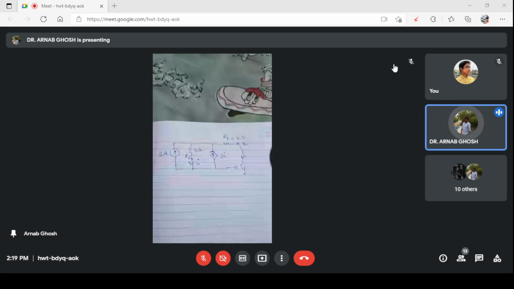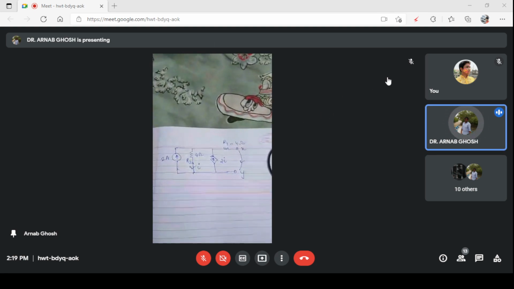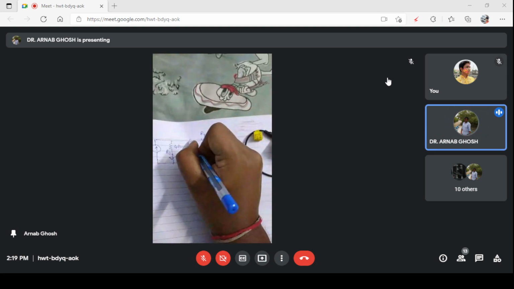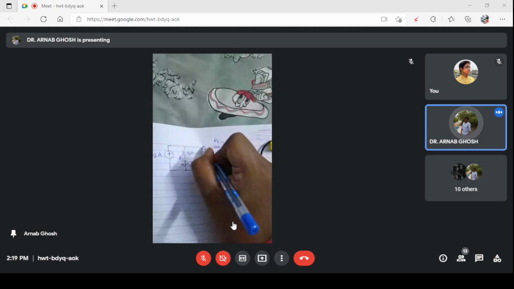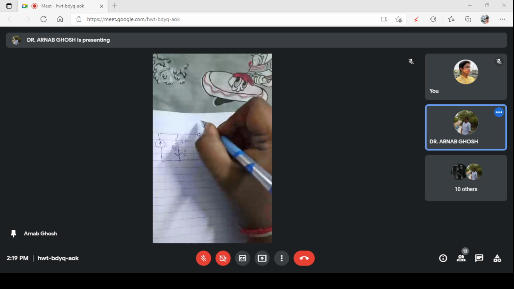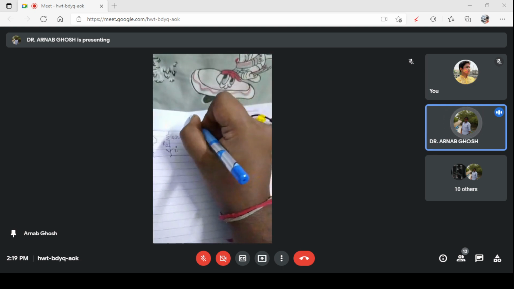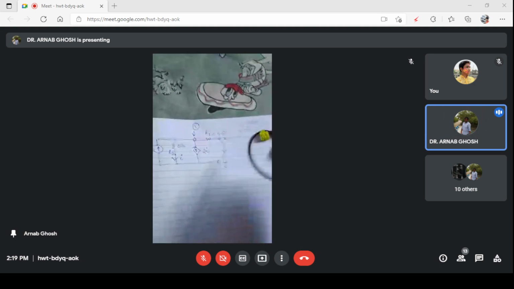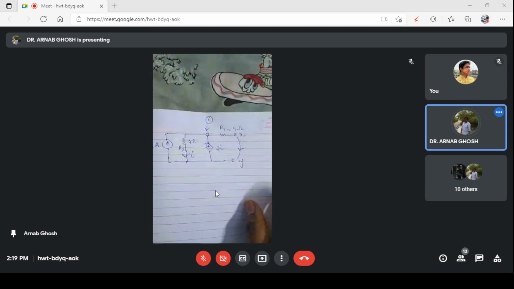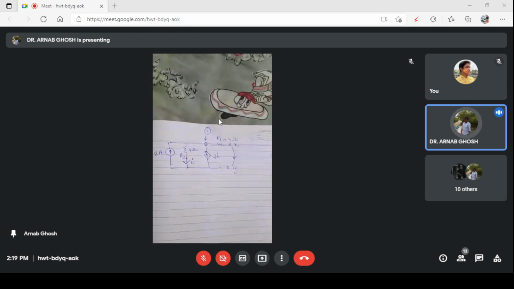Okay, so next what we will do, let us say this is one node, and we are writing this as node 1. We will be applying KCL here.